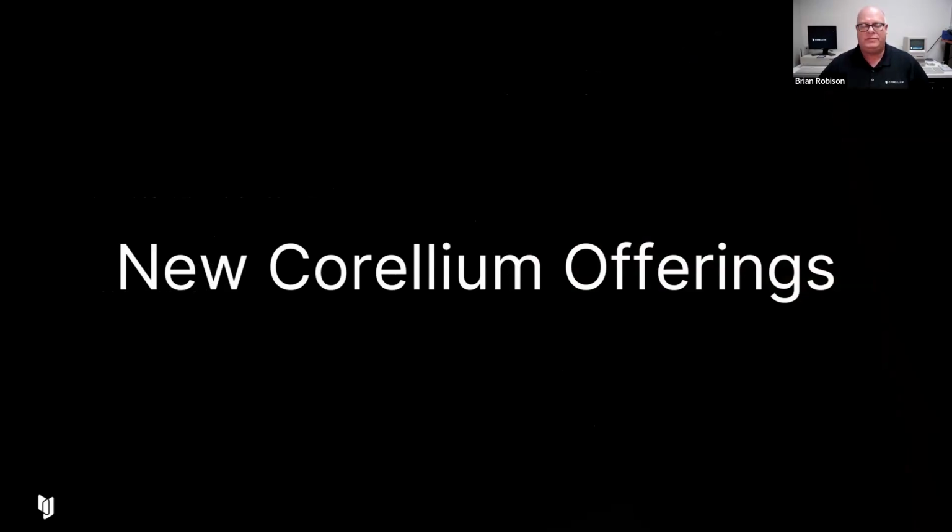So let's go ahead and start talking today about some of the new Corellium offerings. As you know, up to this point, Corellium has really had just one product line with some different levels of licensing tiers and different cost structures associated with it. So this summer, we've been working very long and hard on trying to give more offerings to different customers focused in different areas of security research or testing or other types of work.